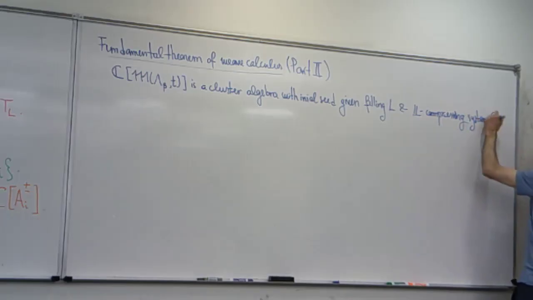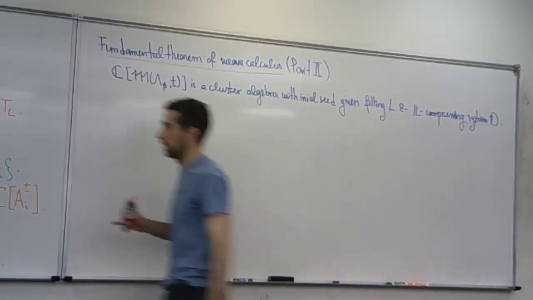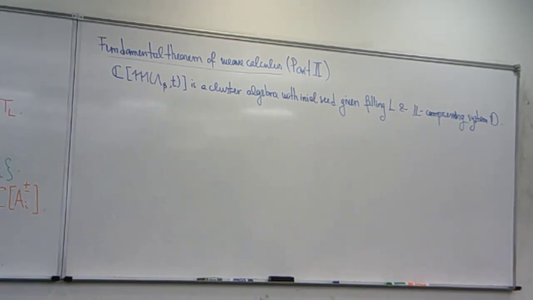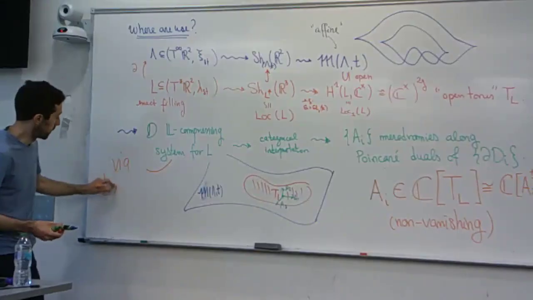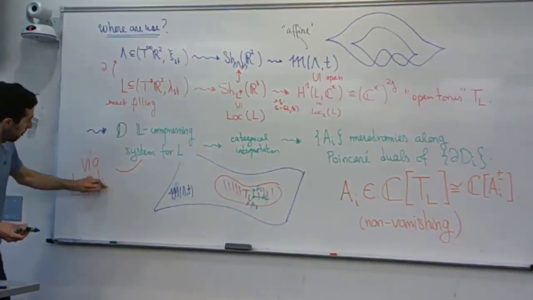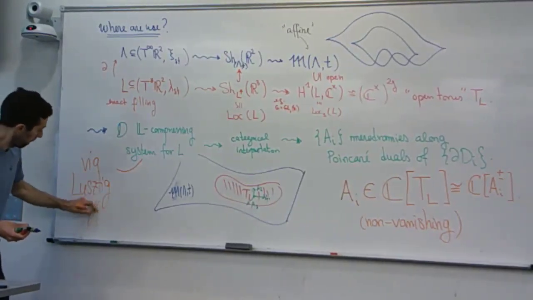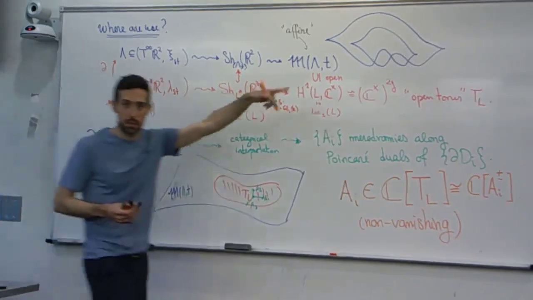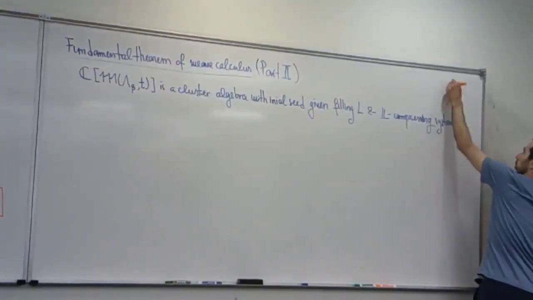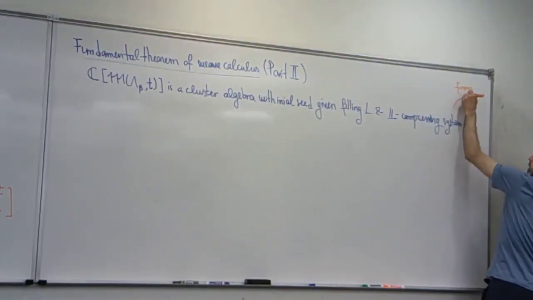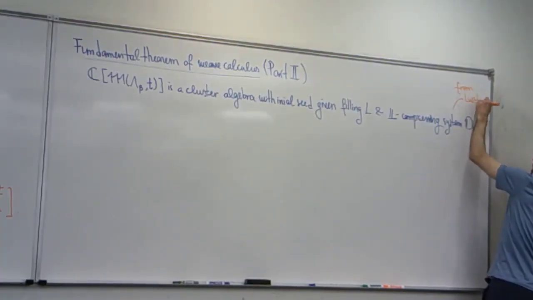This D, I'm not going to specify it, but in this theorem, as I'll discuss, it is always obtained via the construction I explained. So this is all obtained via Lustig cycles. That statement is that the L compressing system comes from Lustig cycles, from the Lustig rules that I introduced before.